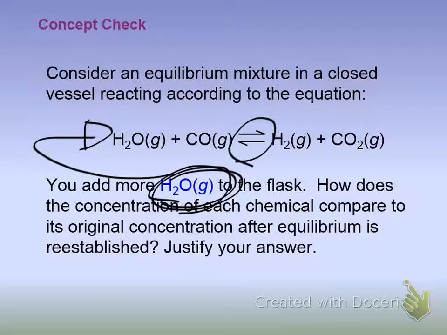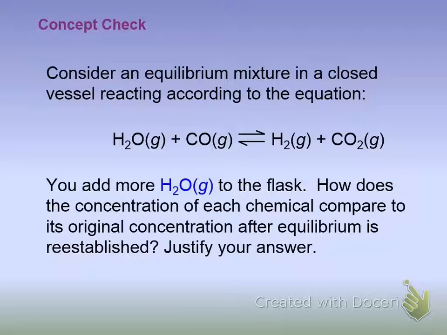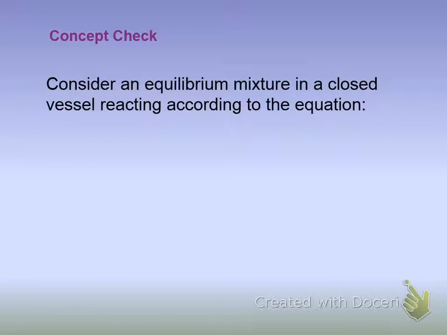So what we used to say in Le Chatelier's principle during the summer was that adding gaseous water pushes the equation to the right. Now consider an equilibrium mixture in a closed vessel reacting according to this equation.